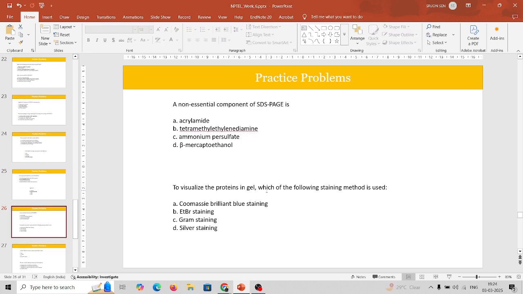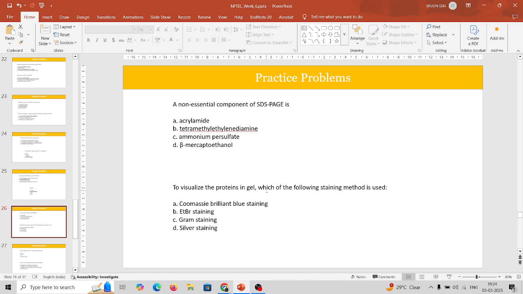Next. Okay, the non-essential component of SDS page. So one of the components is not essential. Non-essential does not mean it's not required, but sometimes you can skip it. It means that.